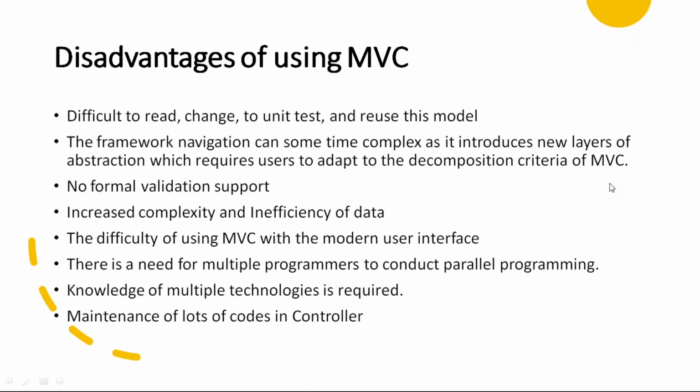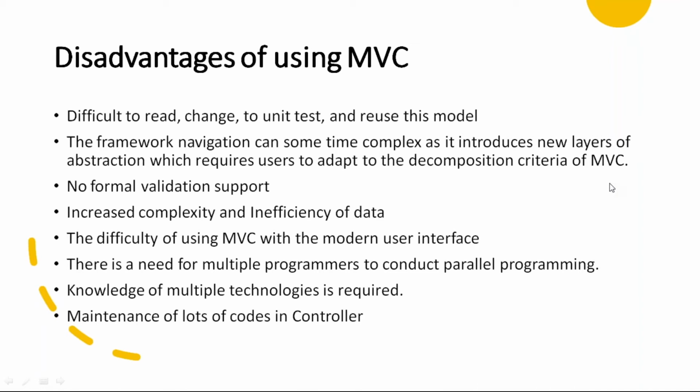So MVC does not formally support validation. If you're going to validate your data, you have to do that on your own. But other frameworks, like ASP.NET Web Forms, already have built-in support for validation, but MVC doesn't. So you have to write the logic via the controller yourself.